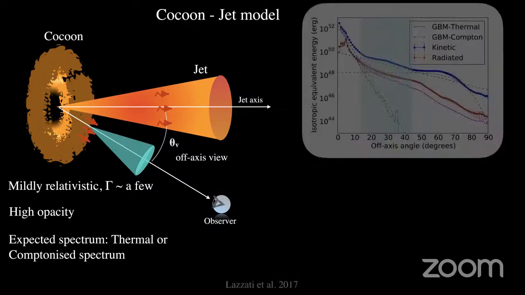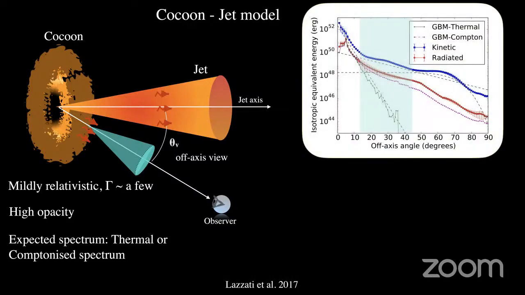There was a study in 2017 conducted by Lazzati, who looked at this cocoon jet model and showed what isotropic equivalent energies you can see. Various components have been plotted.